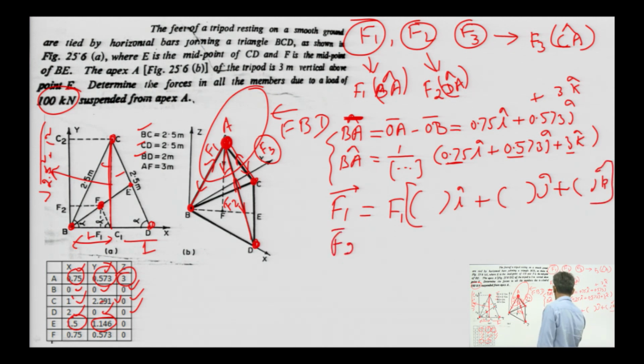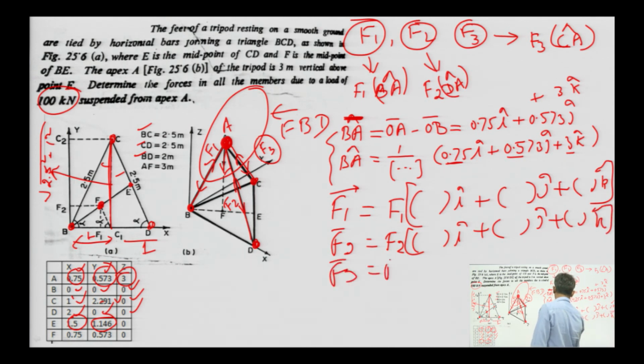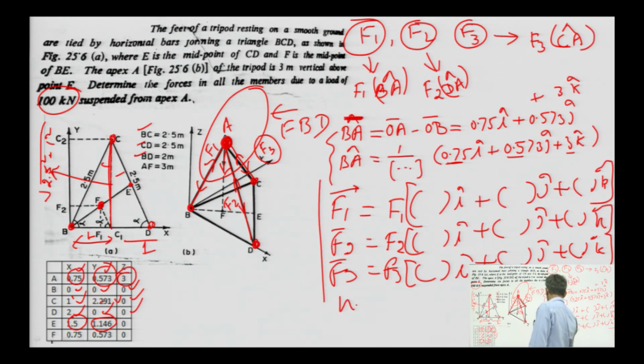Similarly, F2 will be written as F2 times a certain value i cap plus a certain value j cap plus a certain value k cap. F3 will be written as F3 times a certain value i cap plus j cap plus k cap. Now the load vector w is minus 100 k cap, because it is acting downward.